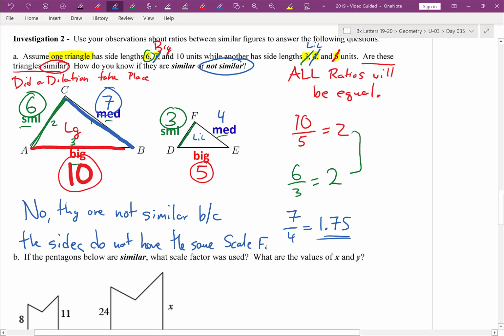You could also say the sides are not in proportion. You could say the sides do not grow at the same ratio. You could say the ratios of the sides are not all the same. There's just too many different ways you can say it. As long as you say something logical and you show your work that there is this disagreement, that's evidence.